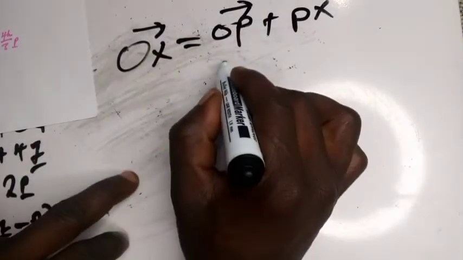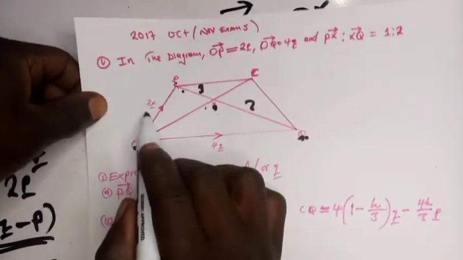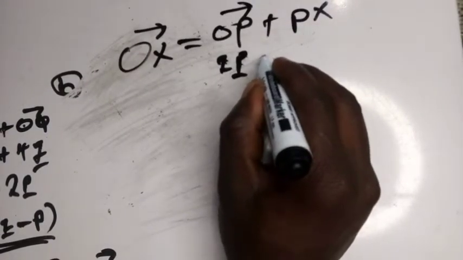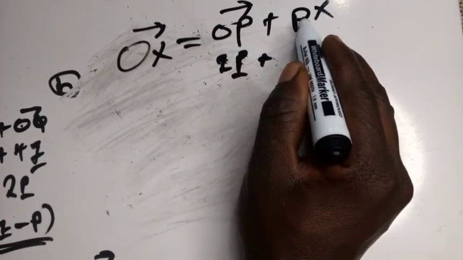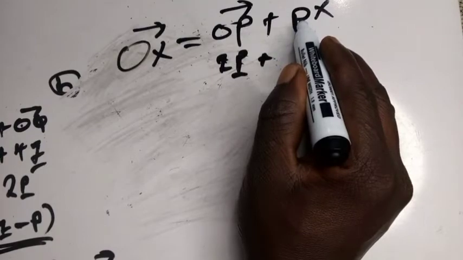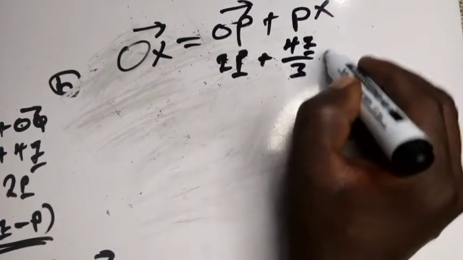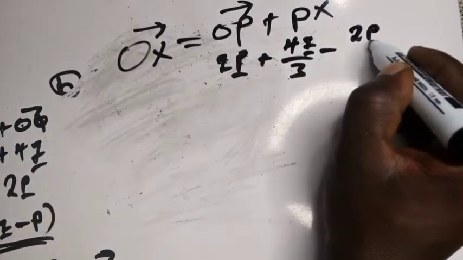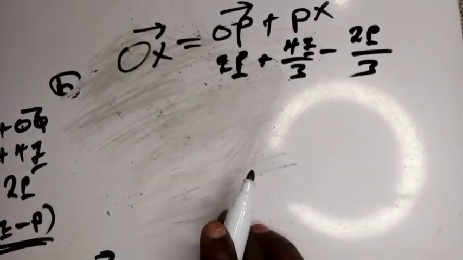OP we have this one, 2p. Then plus, where is PX? We have 4q over 3 minus 2p over 3.